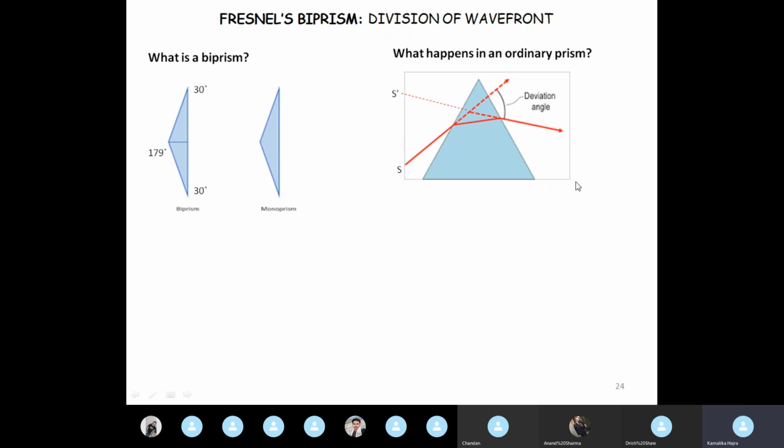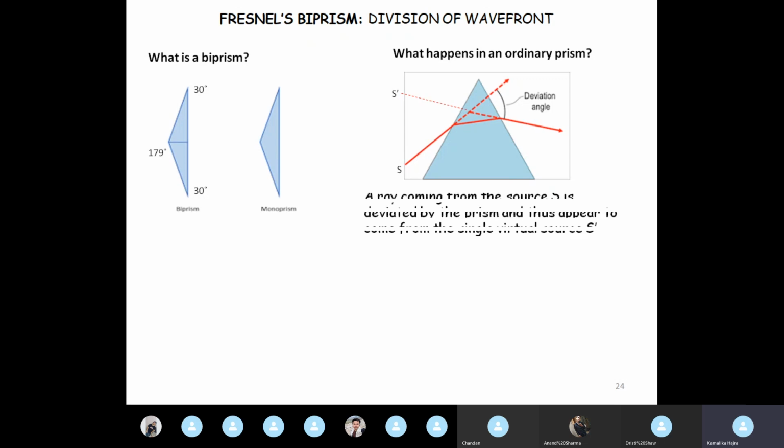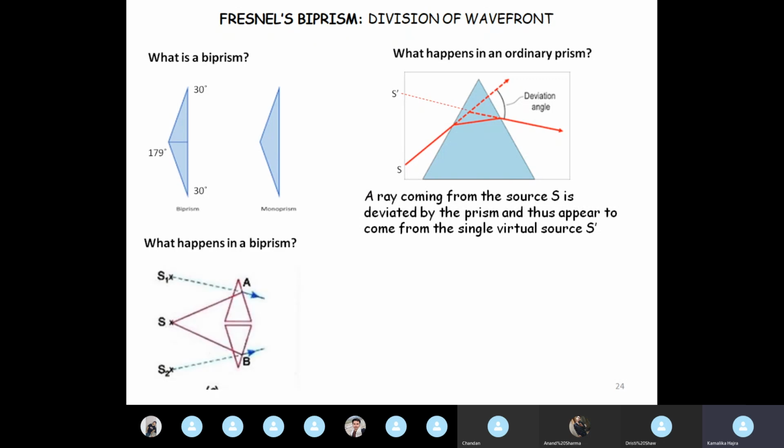Now in a biprism, a spectrum is not produced, neither do we want to use it to produce a spectrum. We use it simply to separate wavefronts. Now how is this wavefront separated? Okay, so what happens in a biprism?